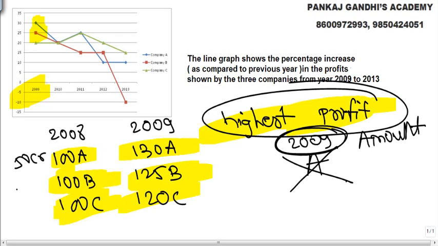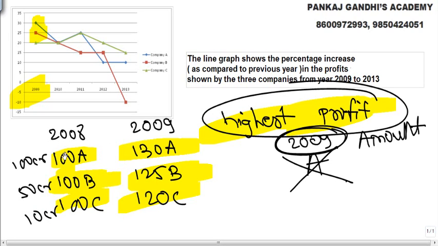Simple. It may happen this was 50 crore, this was 100 crore, this was 500 crore. ऐसा रहा तो C will be highest. So it depends. But अगर ऐसा रहा, if this is the case that A had 100, B had 50, C had 10, so who will be having highest?